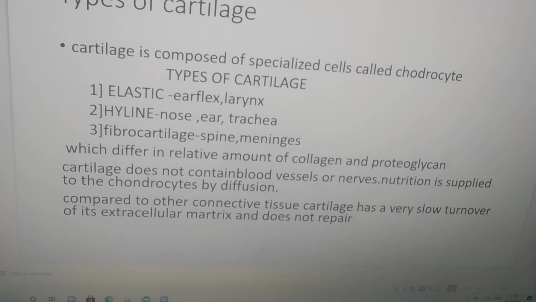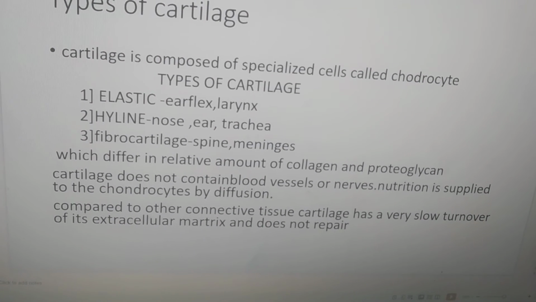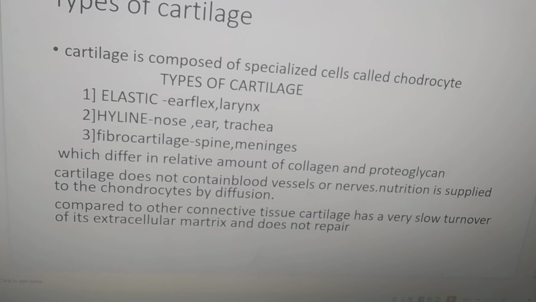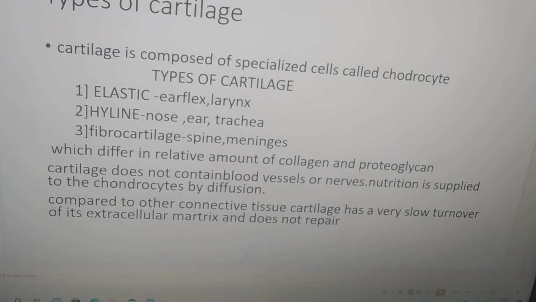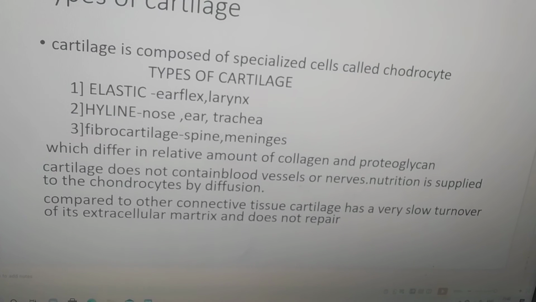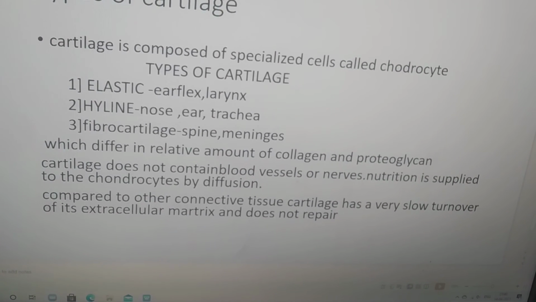These are the types of cartilage: elastic, hyaline and fibrocartilage. Fibrocartilage examples: spine, meninges. Chondrocytes are the main cells of the cartilage.